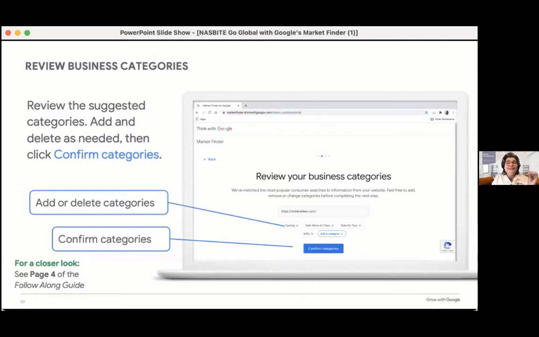Now, you can delete any categories that are here that don't match your business or products. And you can also add categories based on the products and services you do offer, especially if you have them on your website, right? The tool shows other possible matches that could increase the number of markets for your business, so you can explore. But once you're ready to move on, confirm those categories and take the next step.